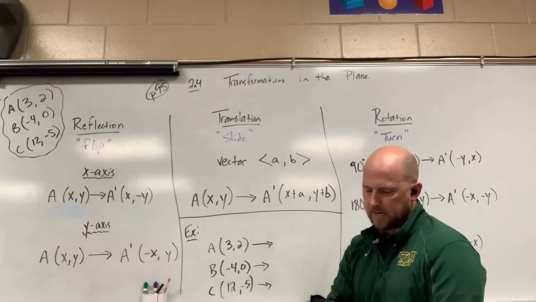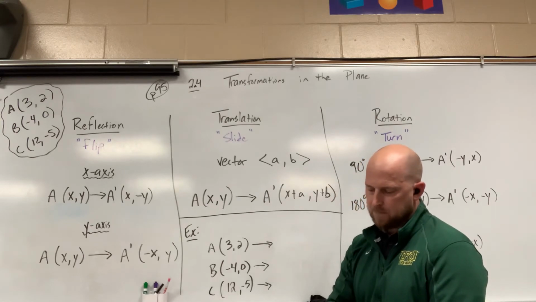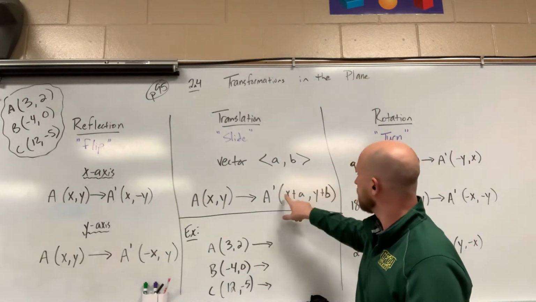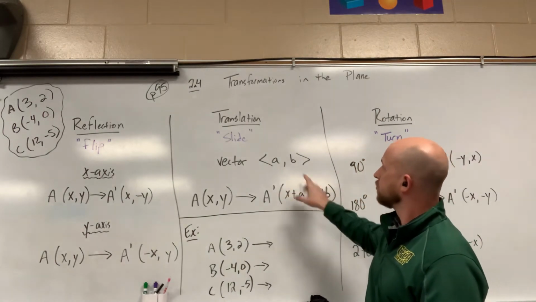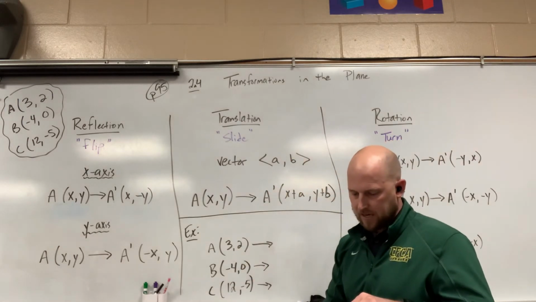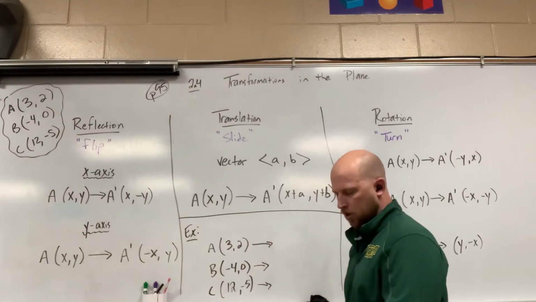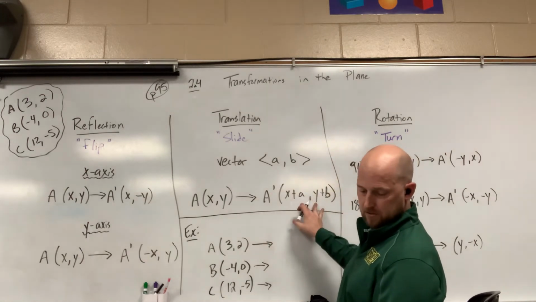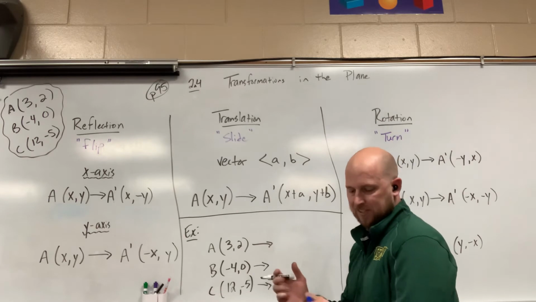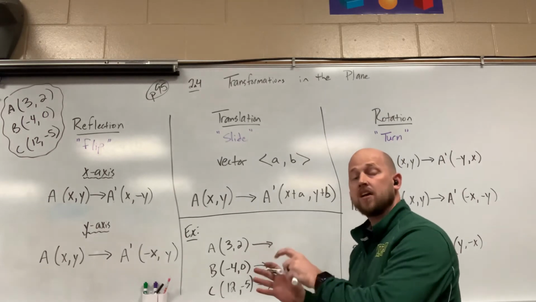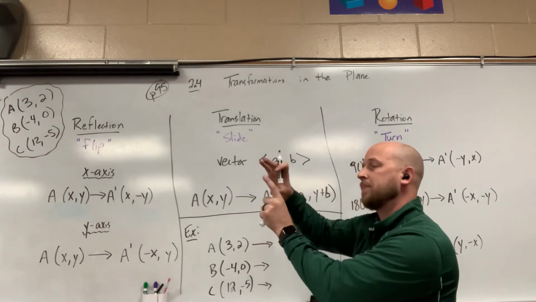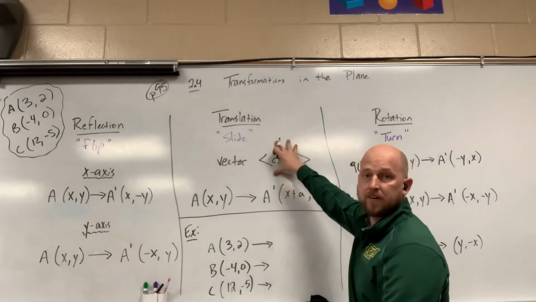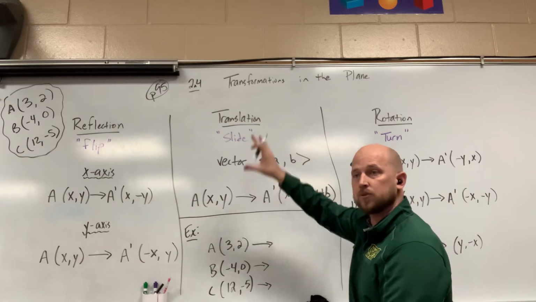To translate a point along vector AB, add A to the X and add B to the Y. Because you're translating along a vector, all we're doing is taking the A and B and adding them to the X and Y. We talked about translating being the sliding. So you take your image, your triangle, and you slide it somewhere. The vector is what does the sliding; it tells you which way it's going to go.